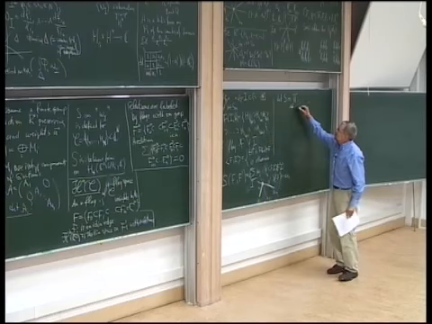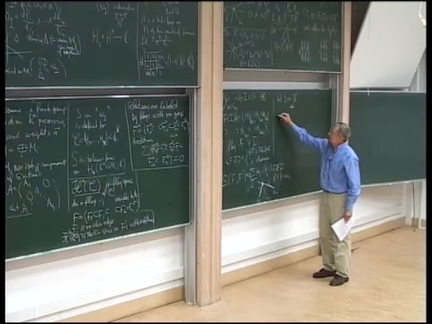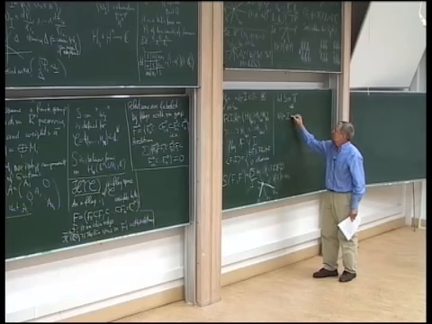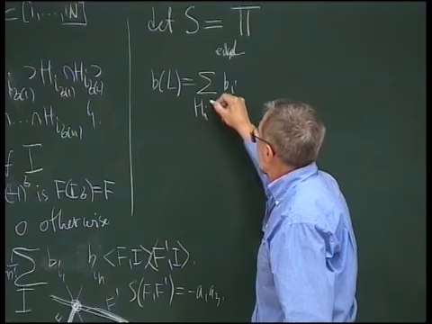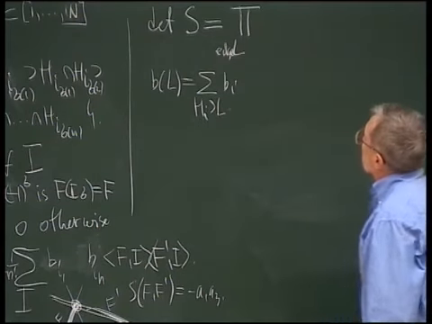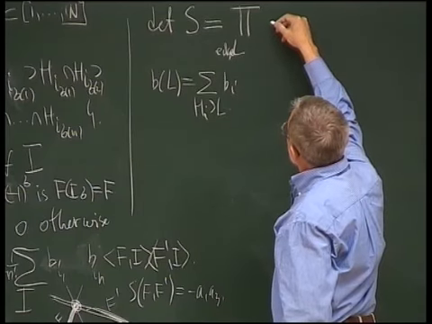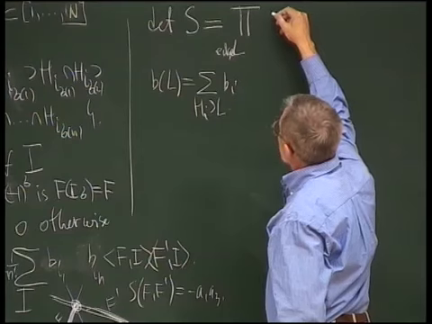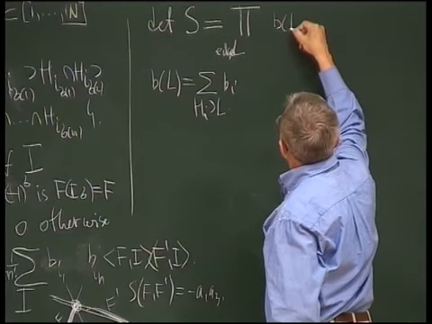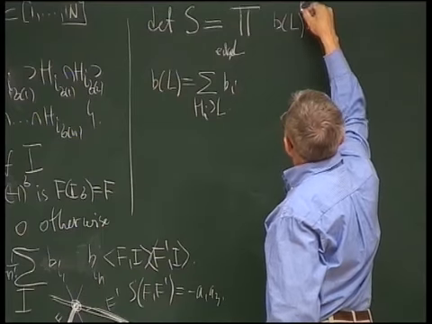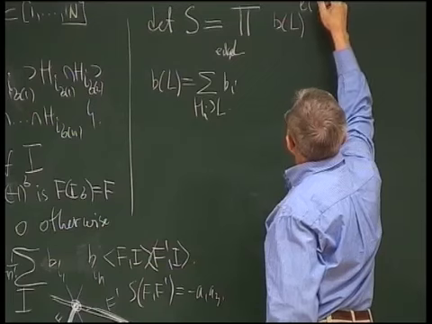So now let us define the semi-classical weight of L, which will be the sum of all B_i such that H_i contains L. So the theorem will be the product over all edges of the semi-classical weight to the power of this discrete volume.